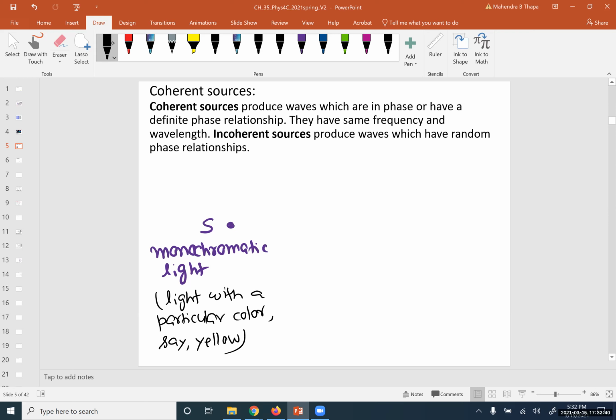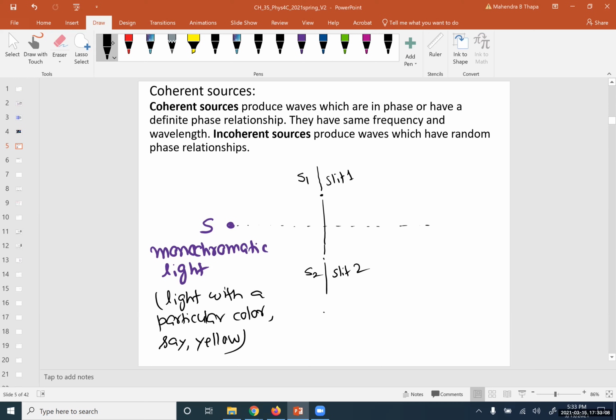Let's draw a straight line passing through this, and I make two small openings. This is slit 1, and the other small opening I call slit 2. This point is S1 and that point is S2.